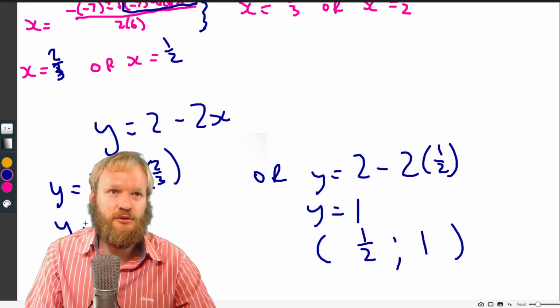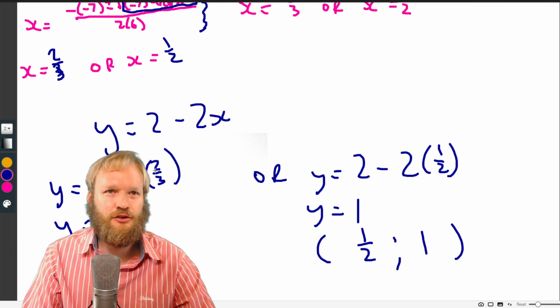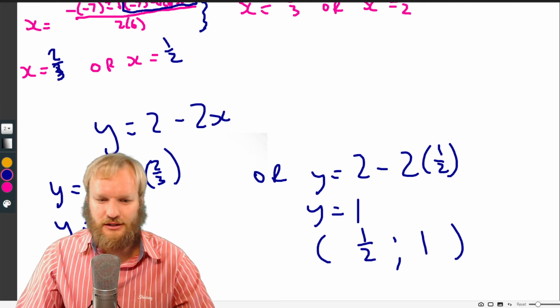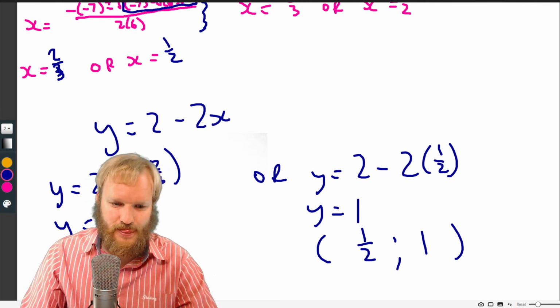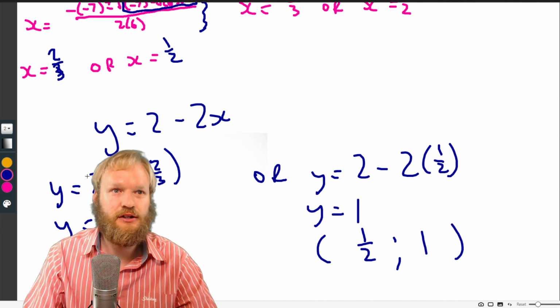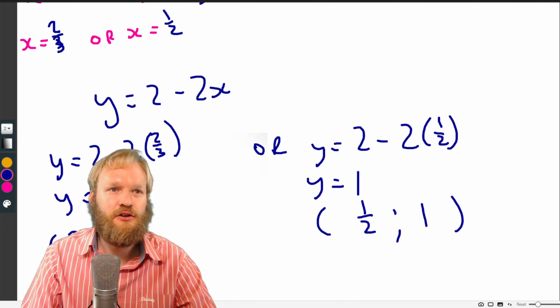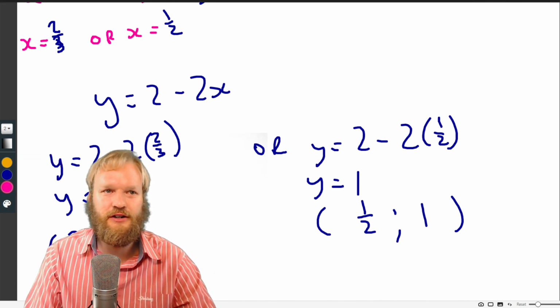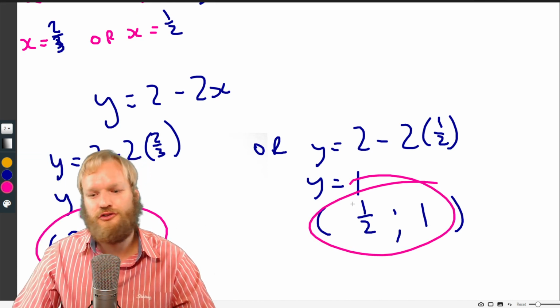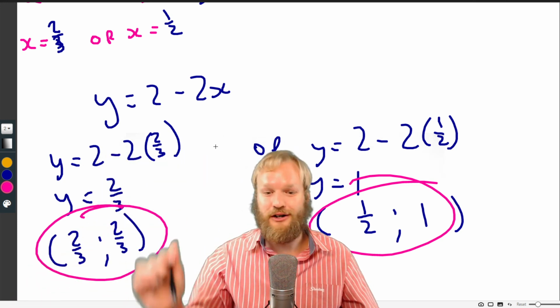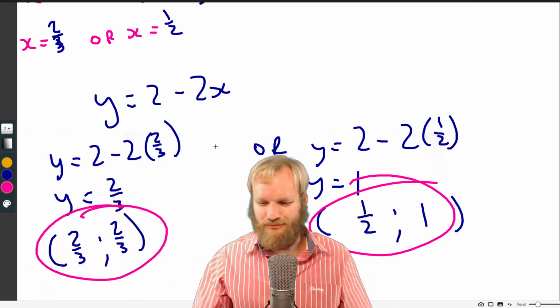And on this one, y equals 2 minus 2 times 2/3, which is 4/3, so 2/3. Does that work out to be 2/3 as well? Yeah, I think it did. So when x is 2/3, y is 2/3. So effectively, there are two solutions. Well, there were two solutions. Have fun.